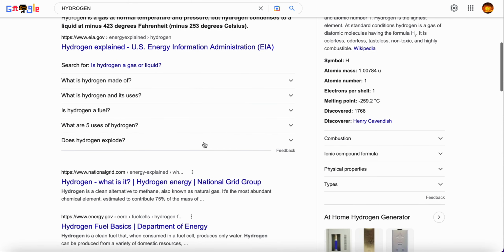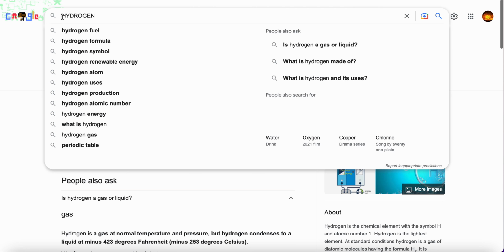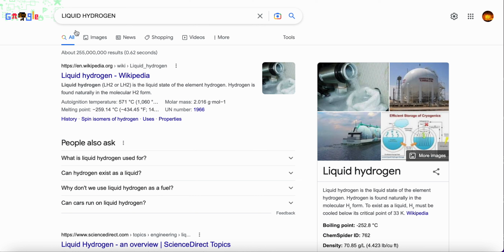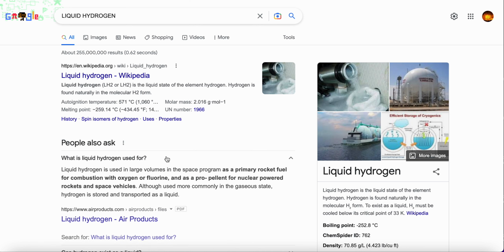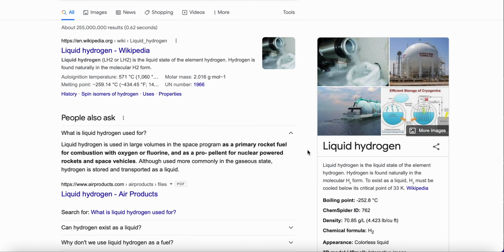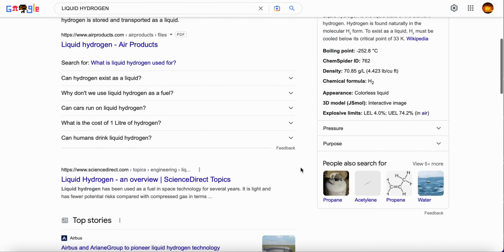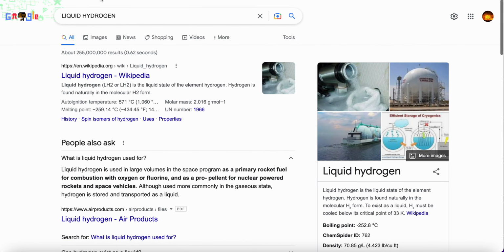But that's a gas form. Let's see liquid hydrogen. What is liquid hydrogen used for? It's used in large volumes in the space program as a primary. Well, I think we can get a bit off track here, but yeah.